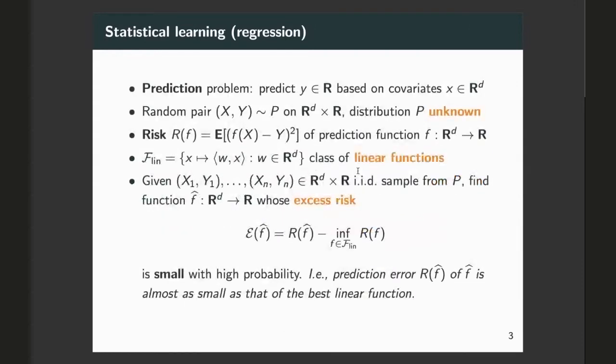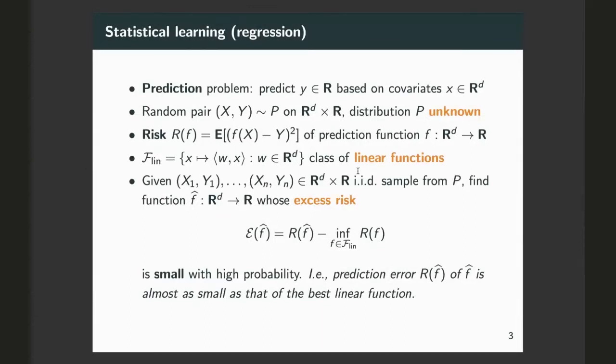Now I can state the formal statistical problem we look at. We have an IID sample from the distribution. Given this independent and identically distributed sample from the unknown distribution, we want to find a good prediction function. Formally, this means a function f hat, which depends on the data.